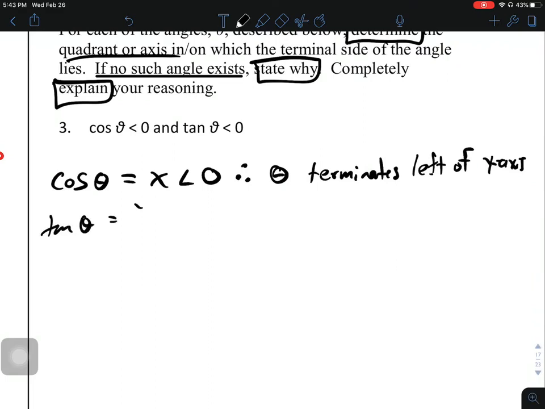Tangent of theta is y over x, and that's less than 0. That means, since it's less than 0, either y is negative and x is positive, or y is positive and x is negative. Those are opposite signs, in quadrants 2 and 4.